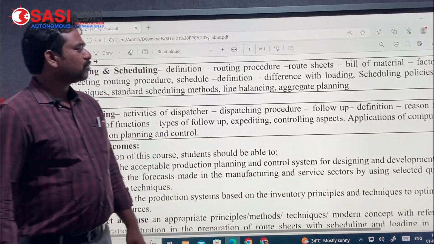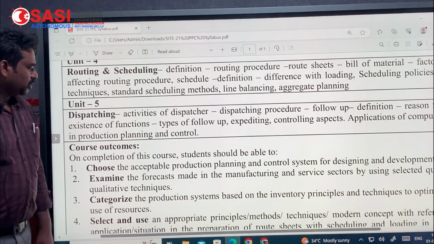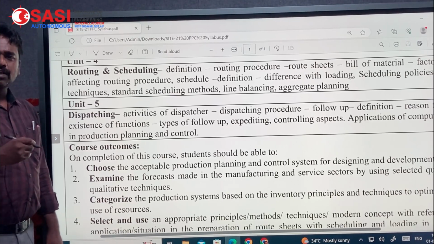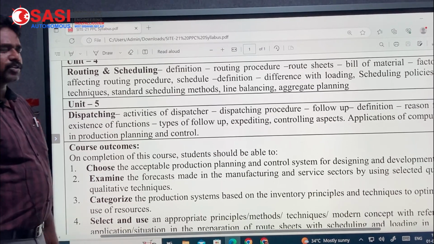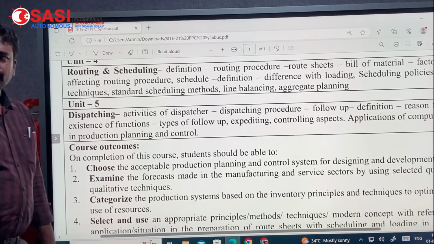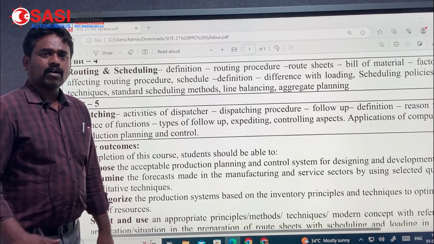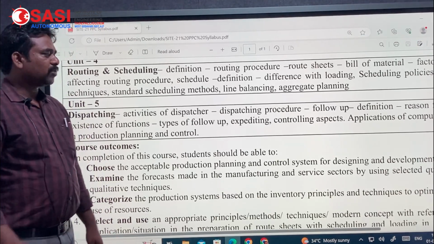And follow up is nothing but how they are going to see whether all the activities are taking place according to the production plan or not. Whether the activities that have been planned are going according to the plan or not.